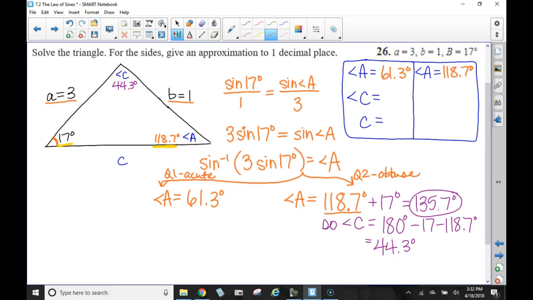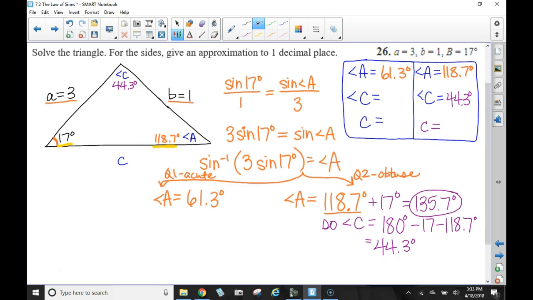Okay, if that occurs, angle C is, there in purple, 44.3 degrees. And then if that happens, for that obtuse triangle, we should be able to find what is side C.